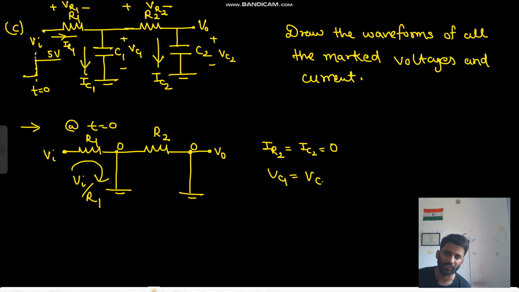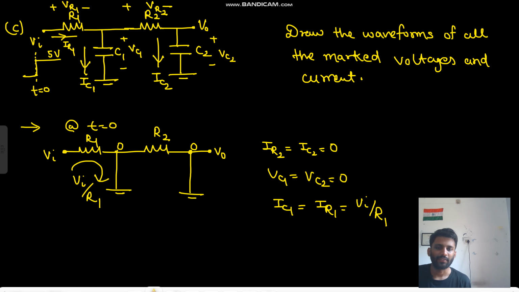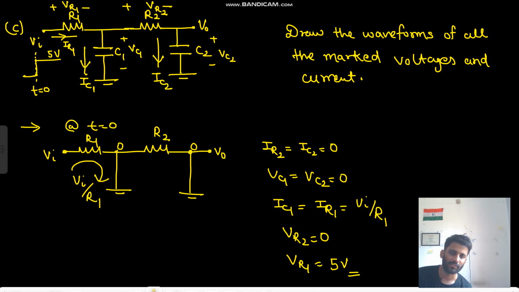VC1 equals VC2 equals 0. IC1 equals IR1 equals Vin by R1. What else is remaining? VR2 is 0 and VR1 is Vin, that is equal to 5 volts. So this is the condition initially.